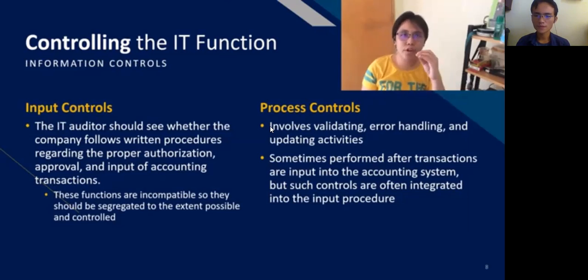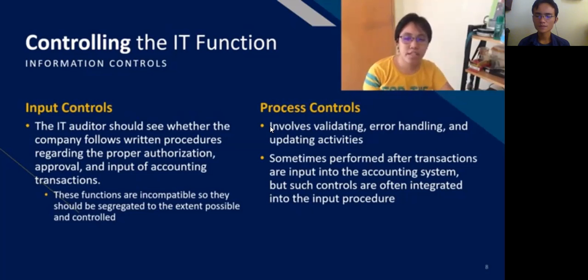But if you want an extra level of security, you can have this as a separate process control that you can integrate within your system, just to add another layer of protection or security regarding the information you have uploaded into your system, or the transactions that are input into your system.